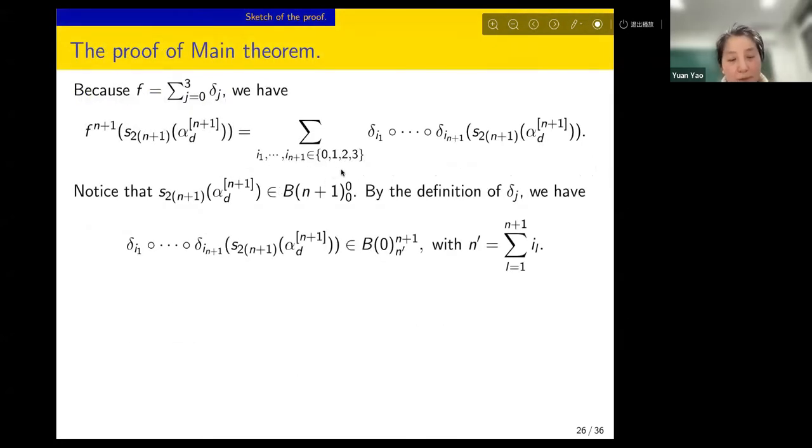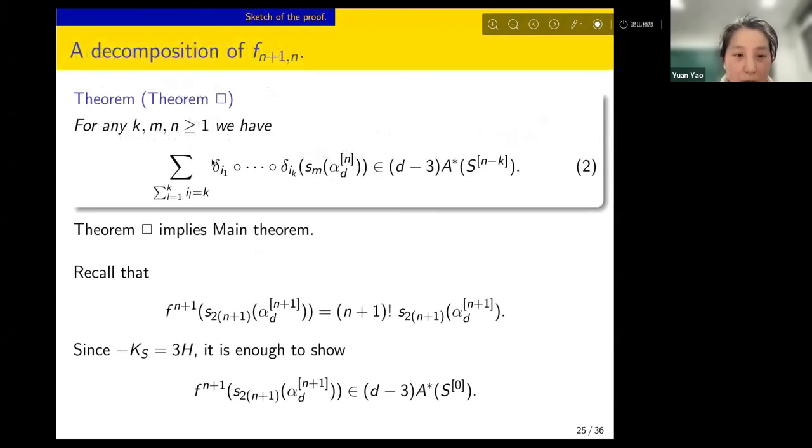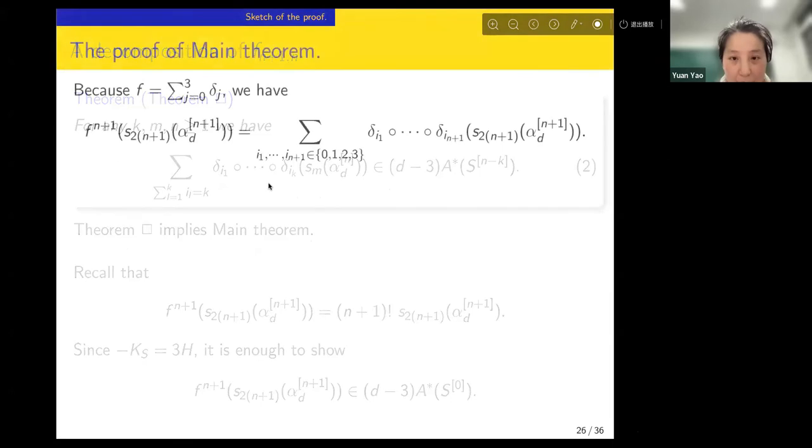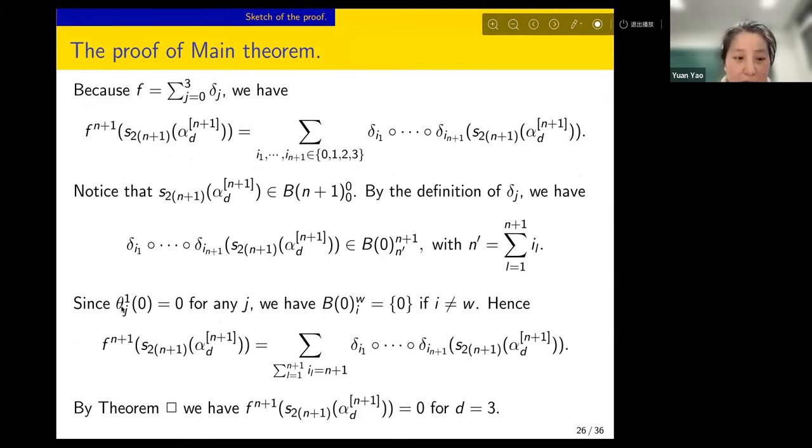That's because once these lower numbers are not equal to the numbers of all these deltas, then either you get something empty, or you get something containing theta up 1.